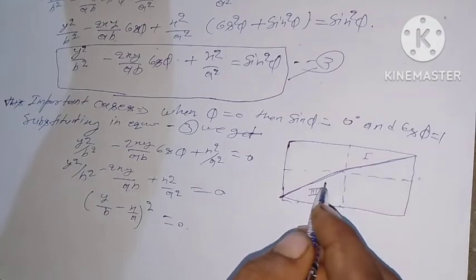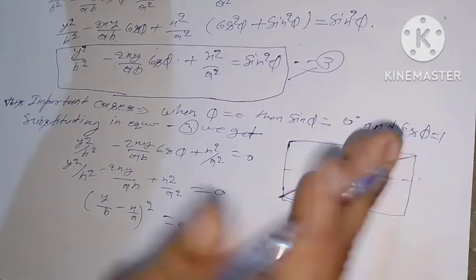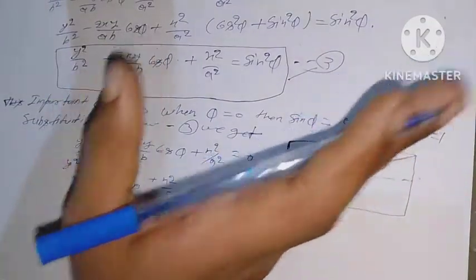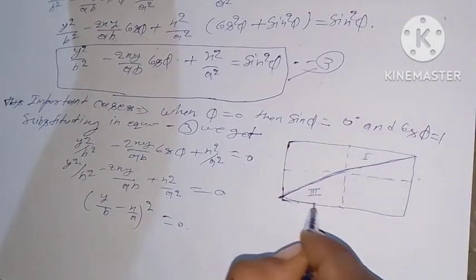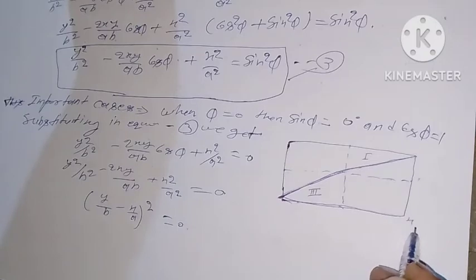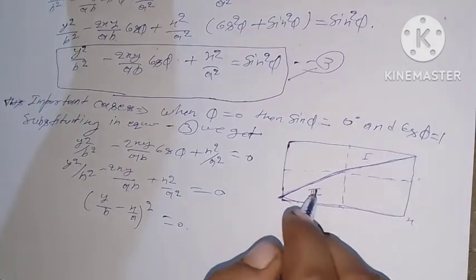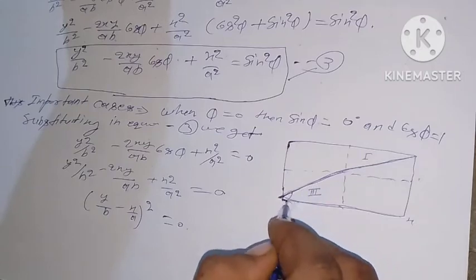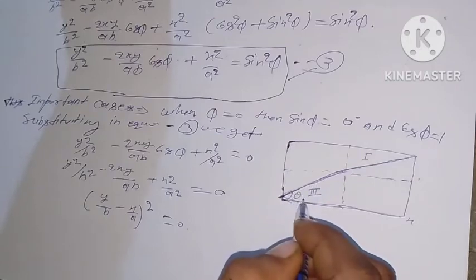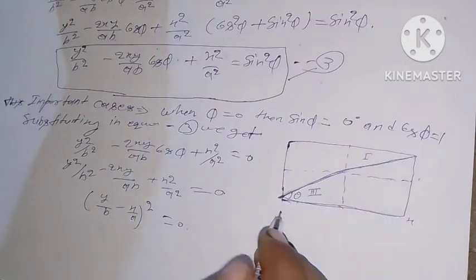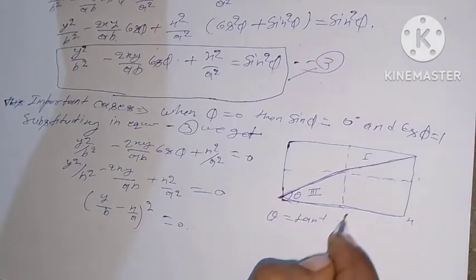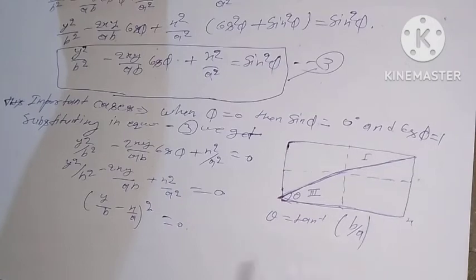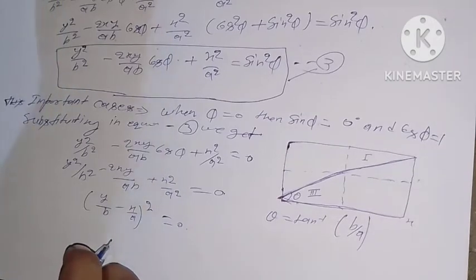The straight lines are inclined to the x-axis at angle theta, where tan theta equal to b upon a, that is theta equal to tan inverse b upon a.